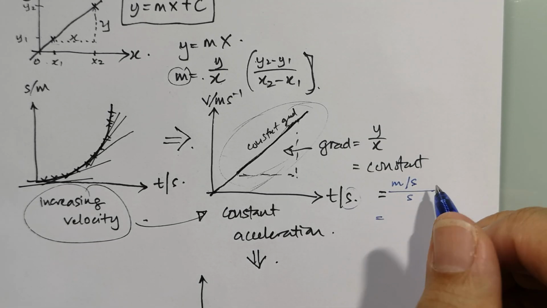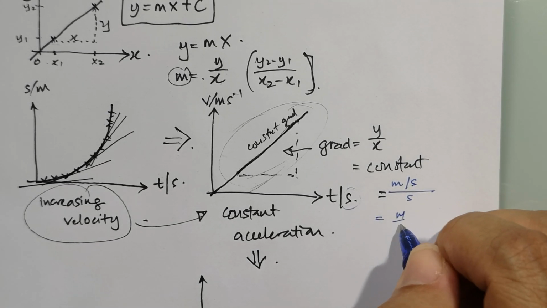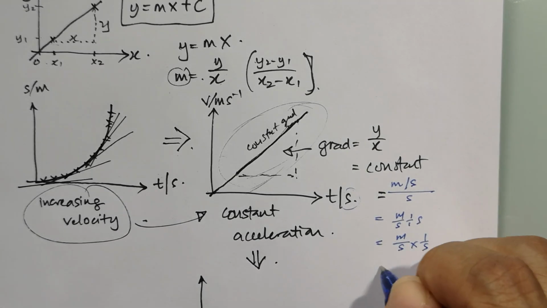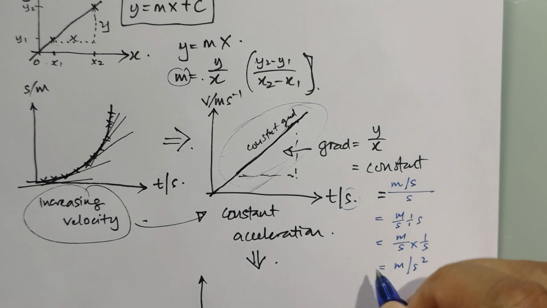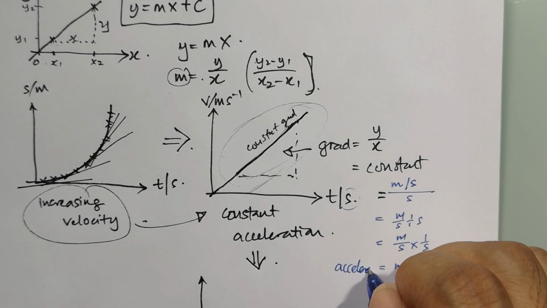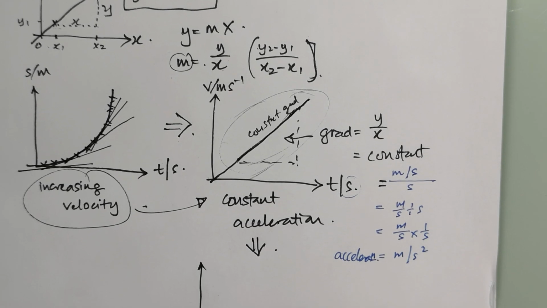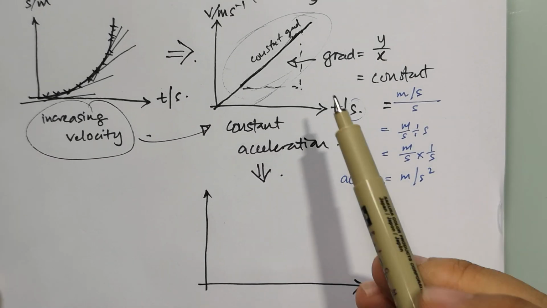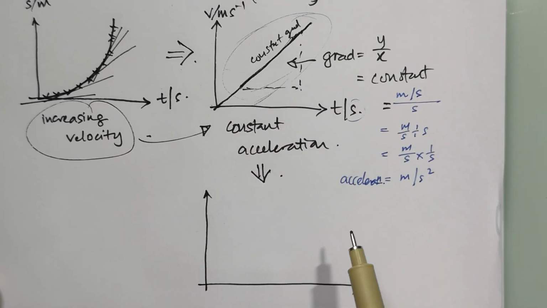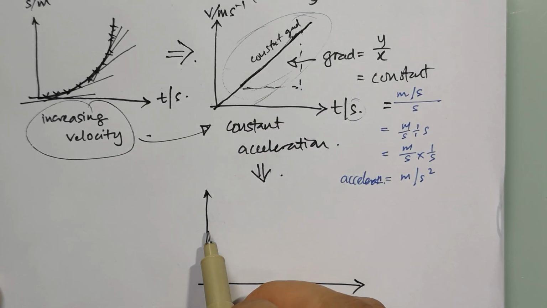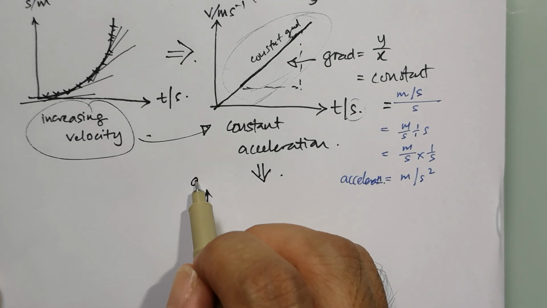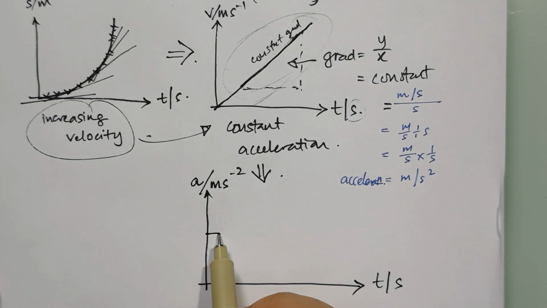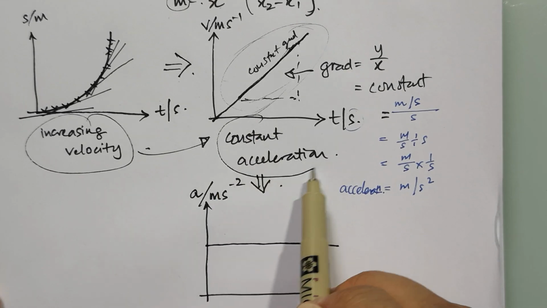Meters per second over second, if you work it out, is actually meters per second square, and this is essentially your acceleration. So the gradient remains constant. The gradient remains constant means my acceleration time graph should have a constant value. And it's true, constant acceleration.